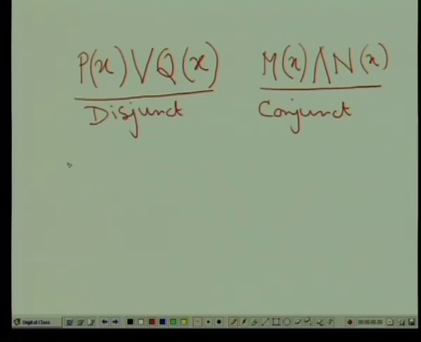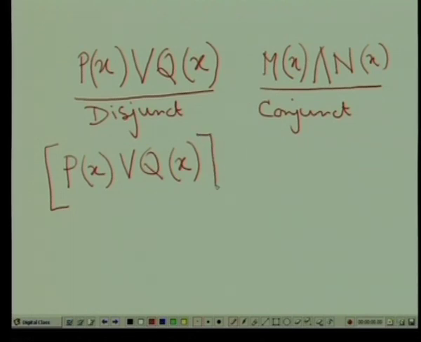So, I can say that if I have a form P x or Q x, and M x or N x.